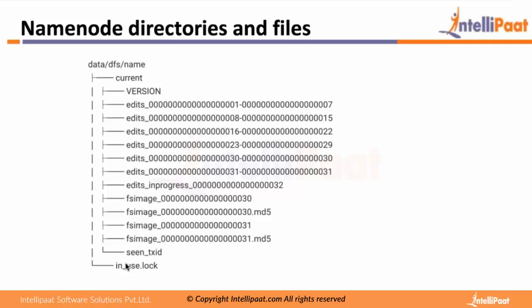And edits will have all the transactions which have happened on the cluster. Checkpointing is a process which applies these edits from the seen transaction ID till the end to the FS image to make the FS image complete. So that is about the files inside the name node.